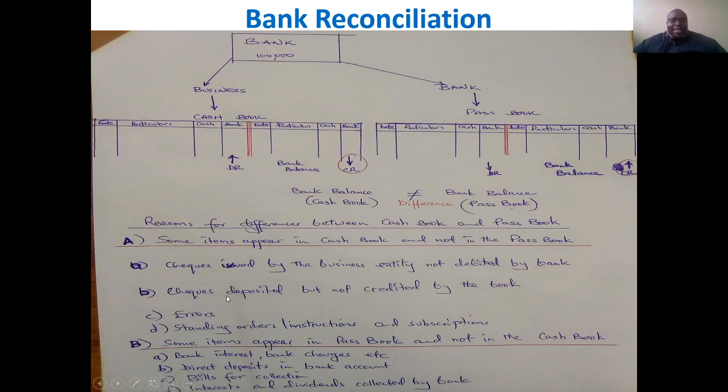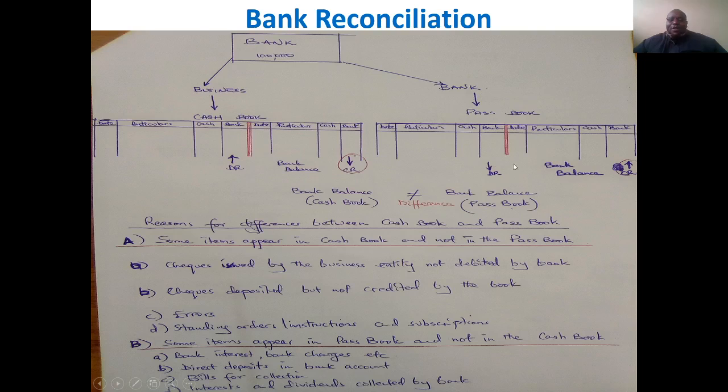Then you have errors. If you write 1,000 instead of 10,000 or any other error when recording, it will affect the two account balances. You also have standing orders or instructions or subscriptions.